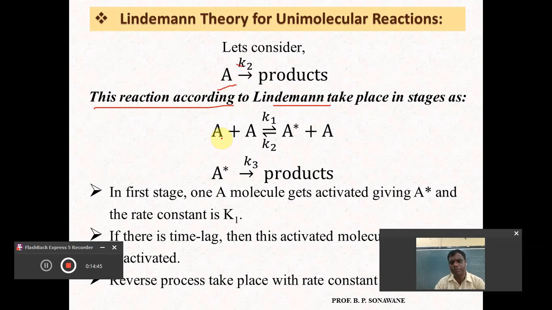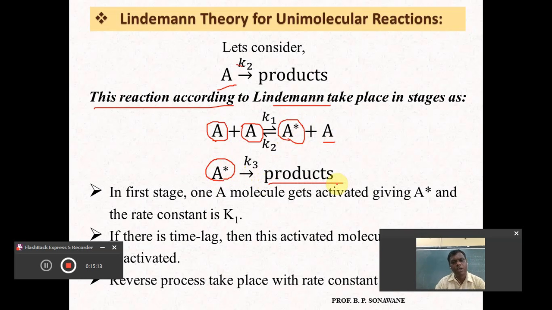In the first step, two reactant molecules collide with one another: one reactant molecule collides with another reactant molecule of the same type, giving the formation of an activated molecule A star and another reactant. This A star is the activated molecule, and later it undergoes decomposition and gives the formation of products.